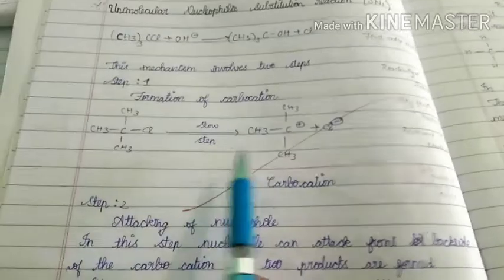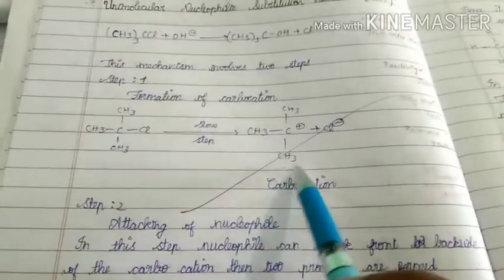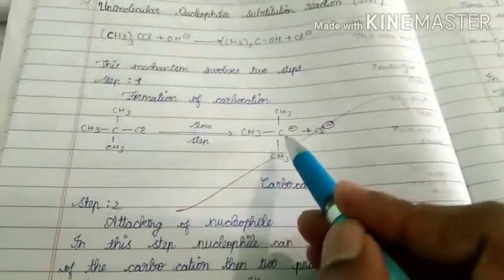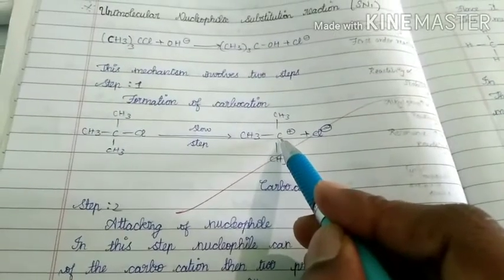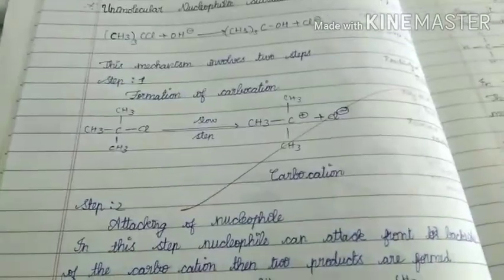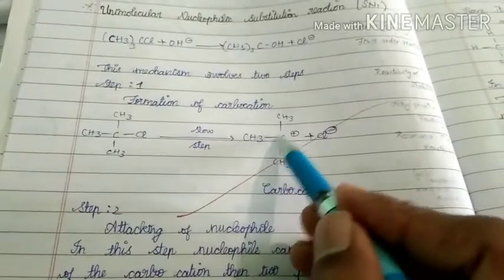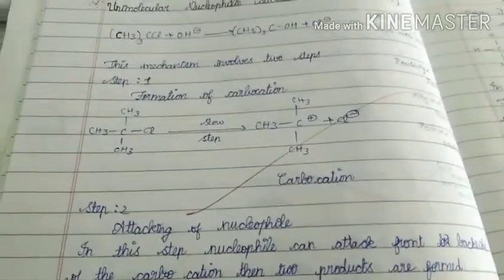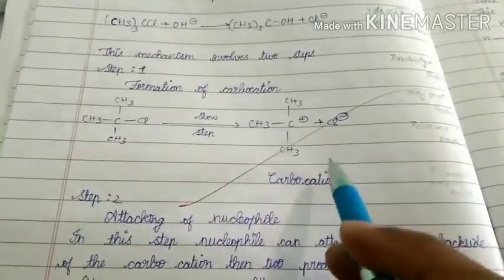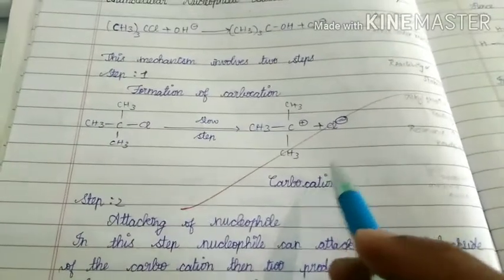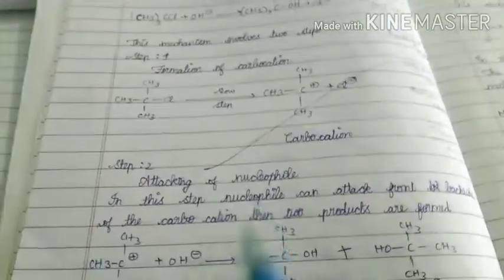That means in the first step, a tertiary carbocation will be formed. Here this carbocation undergoes sp2 hybridization, because it forms three bonds only. When it forms sp2, its shape is trigonal planar. That means its shape is like this.